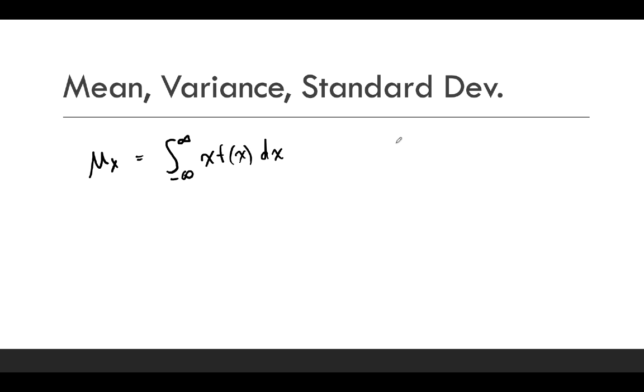Okay, note, this is very similar to the discrete version. So let's quickly look at the discrete version. The discrete version for the mean was this. So we can see what's been changed is that the summation has become an integral, and the probability mass function has become a probability density function. And other than that, it's the same pattern.